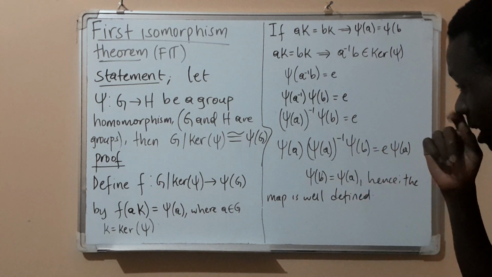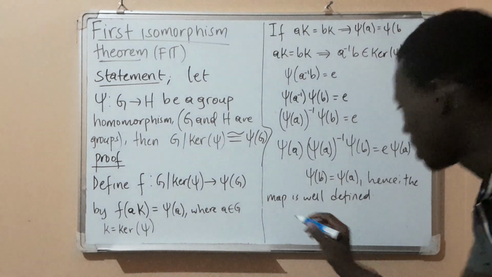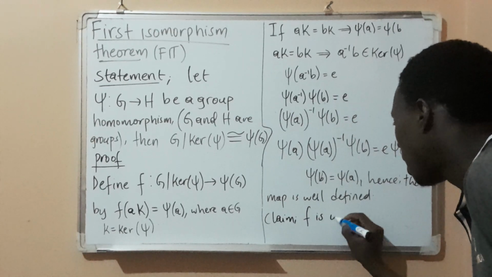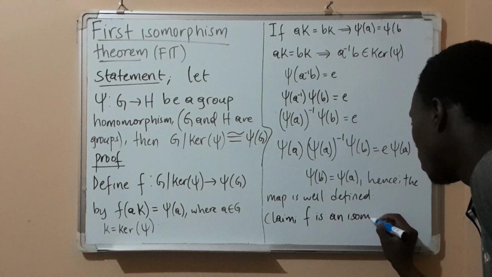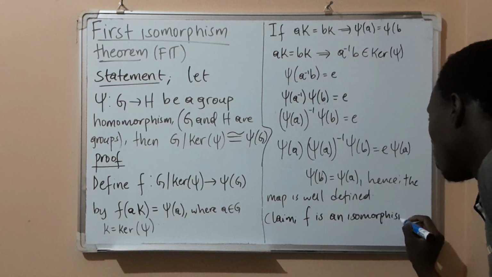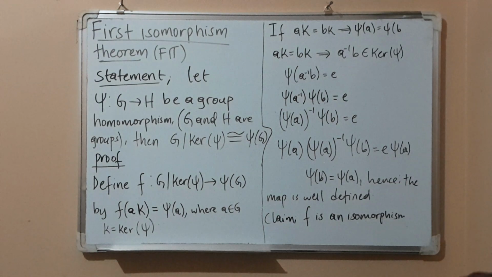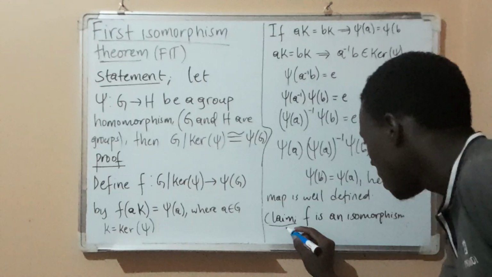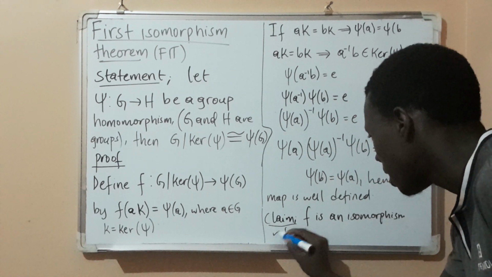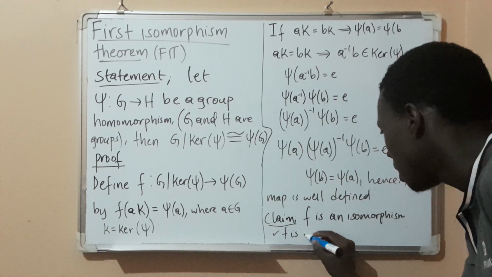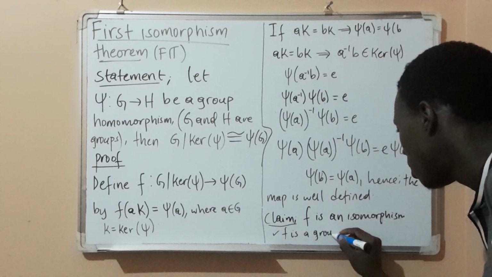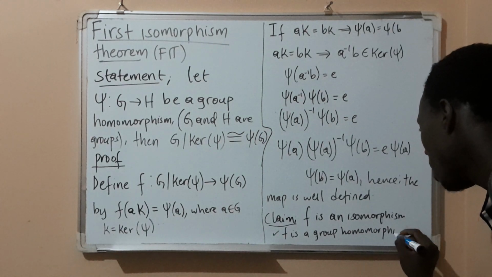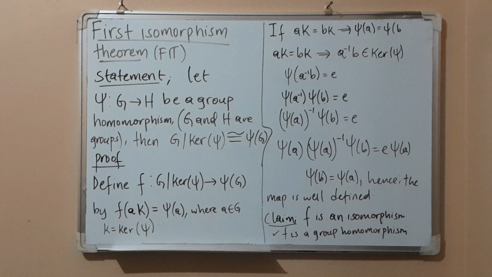Now we are going to prove that F is an isomorphism. We are going to claim that F is an isomorphism. So what do we have to prove here? We have to show that F is a group homomorphism.